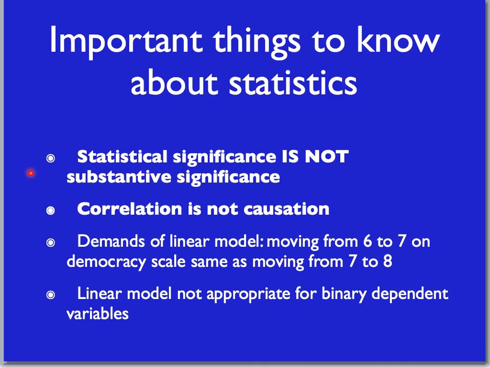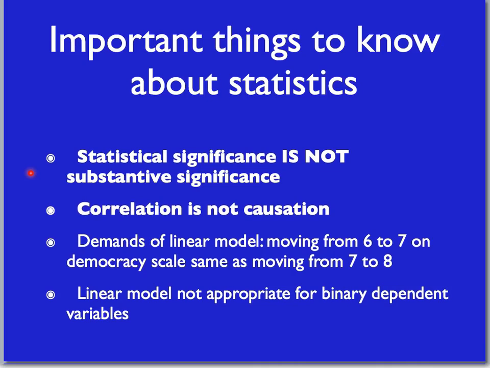There are some other things that are useful to know, less important to know about statistics. One is that this is a pretty rough and ready way of approaching things. The linear model, the model where each variable has just a coefficient and that explains its effect on the dependent variable, it's not very realistic.